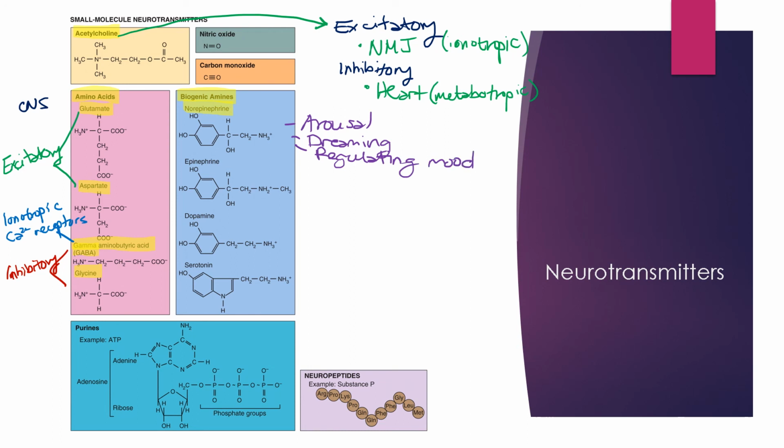A smaller number of neurons in the brain use epinephrine as a neurotransmitter. Both norepinephrine and epinephrine are used as hormones as well in the body, and we will learn a little bit more about that later.